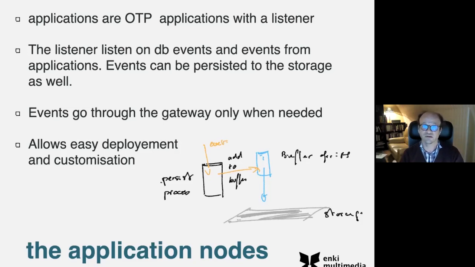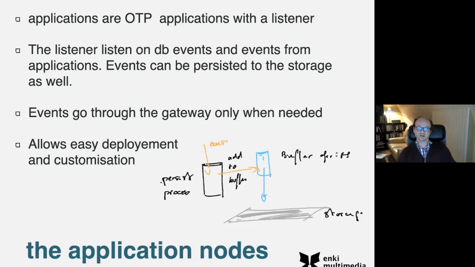So you get the events you want to filter on that listener, and if you want to, you can also persist a state, a snapshot of the events received by the application, using again Persist, another part of the framework, which is even written in Erlang, which I will show quite later. And events go through the gateway only when needed.